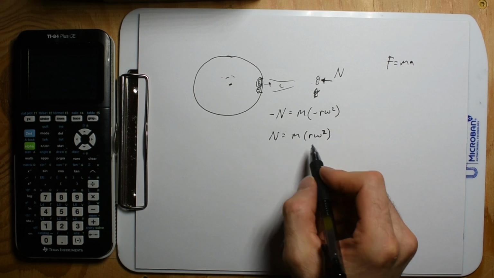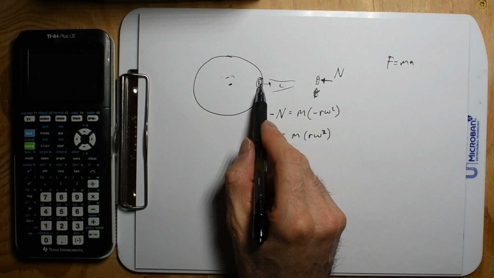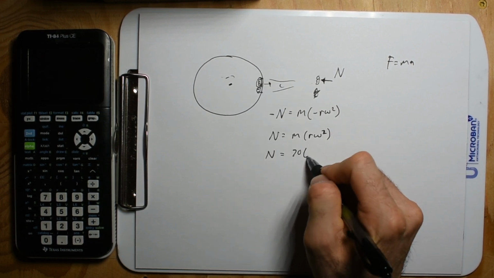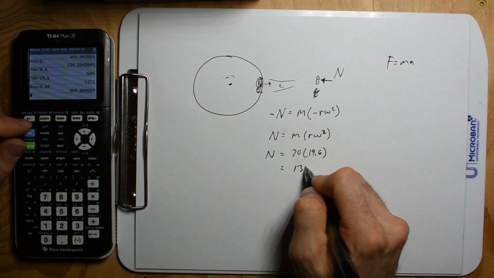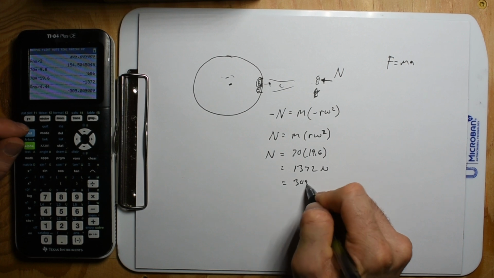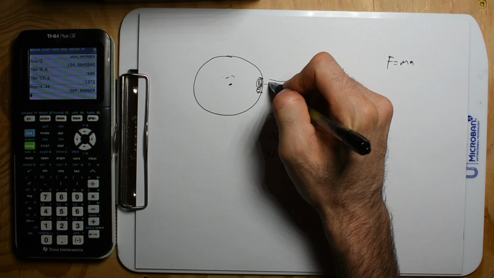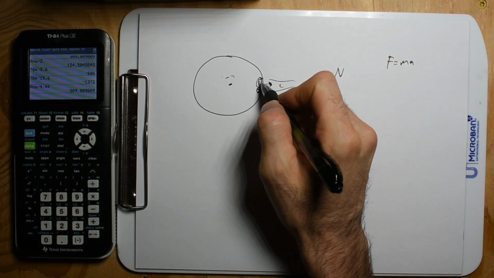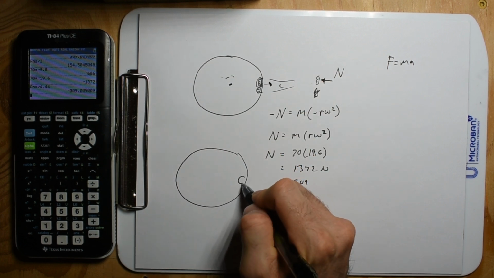And so in this case, your fingers will feel that positive normal force of 70 times 19.6, which is 1,372 newtons or 309 pounds. So what gives? This scenario is the same thing as being on that Gravitron with your whole body weight up against the wall.